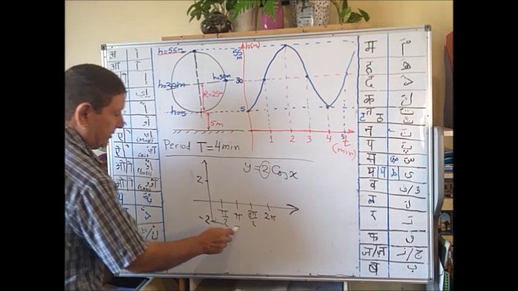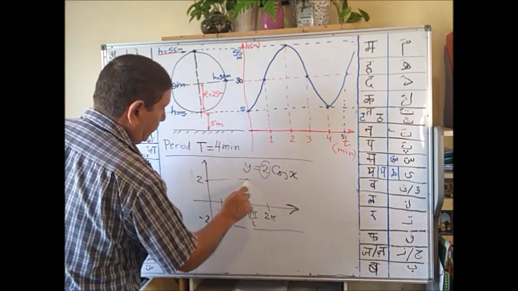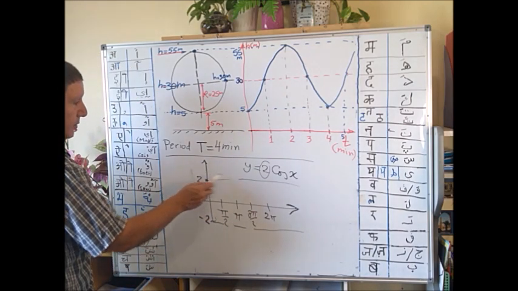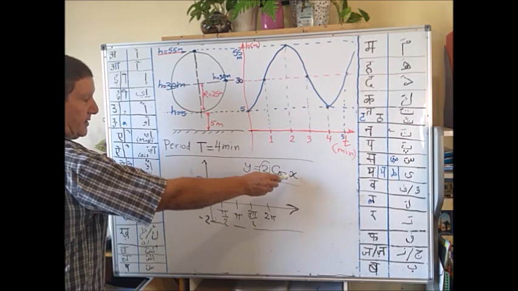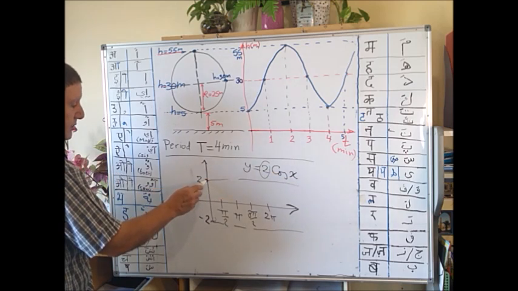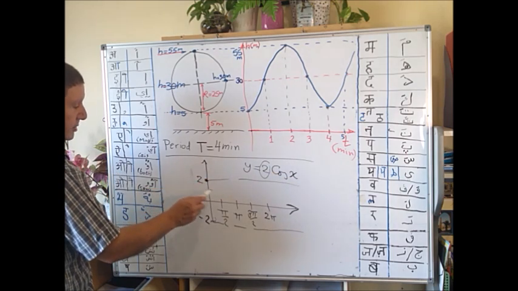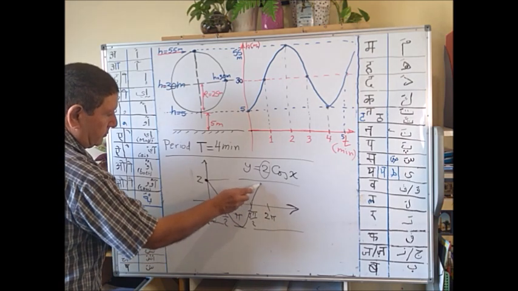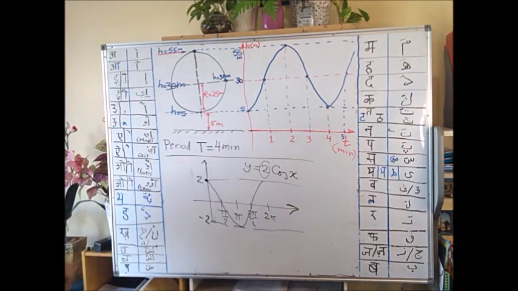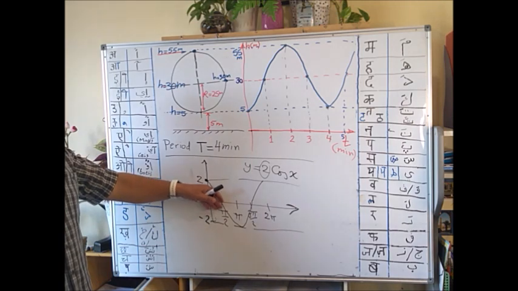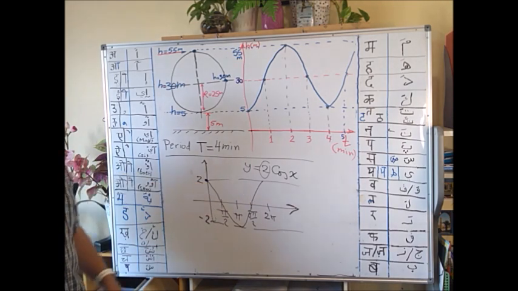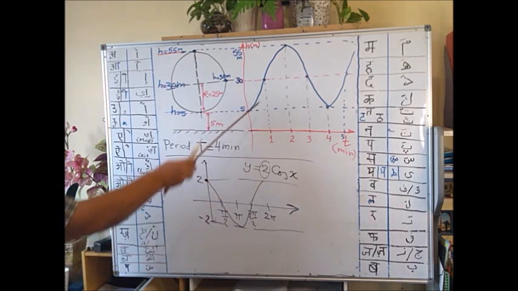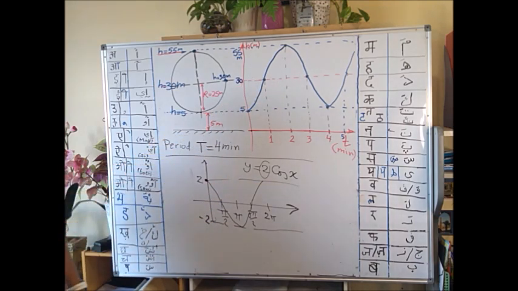We are doing this quickly just to compare. At x equals 0, cosine 0 is 1, so y is 2. So we start at 2, and it goes like that. This is the shape of the cosine function. But what we have here is upside down.